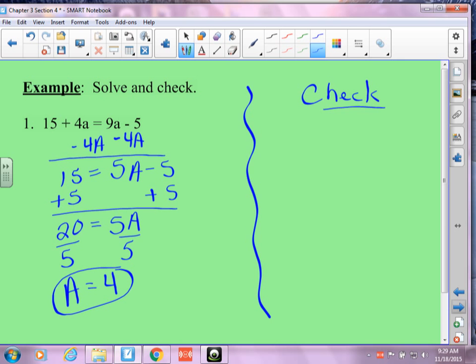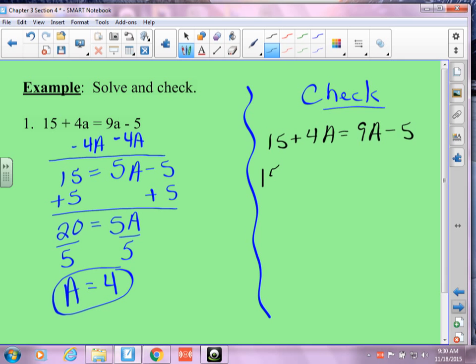Okay? So then when I do the check, I'm going to take the original problem. So I'm going to write down the original. Make sure that you're doing this in your assignments. If the problem asks you not to check it, then you don't need to. But if it asks you to check it, make sure that you do.